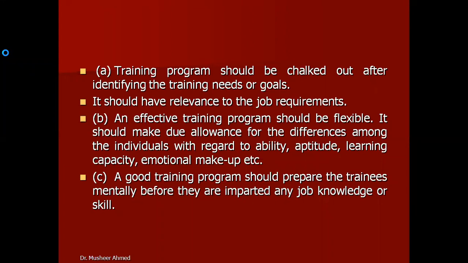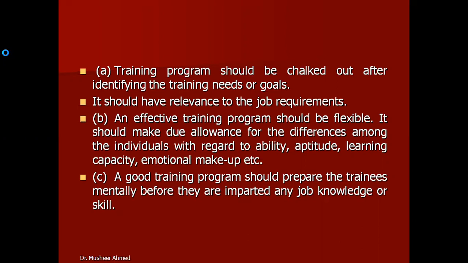Now, third point: a good training program should prepare the trainees mentally before they are imparted any job knowledge and skill. It is very necessary that at the start of the training, the trainer should motivate the trainees, because when they come into the training program, they have a lot of doubts at the back of their mind.